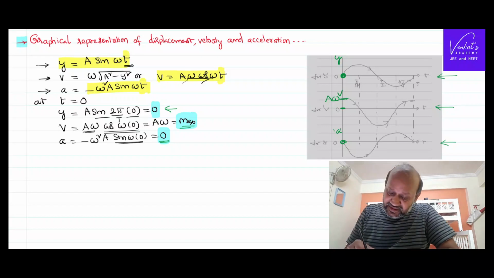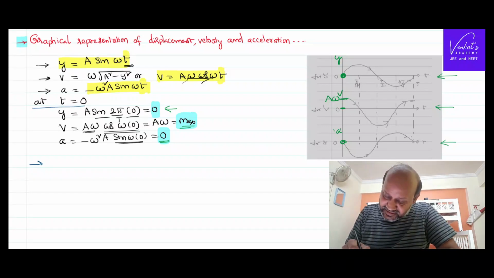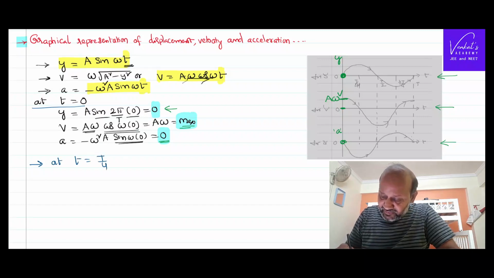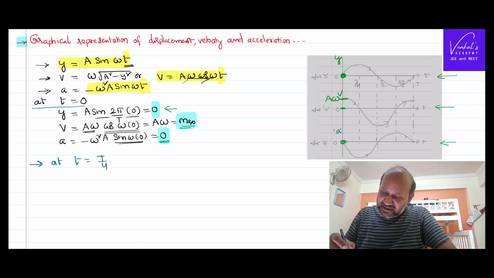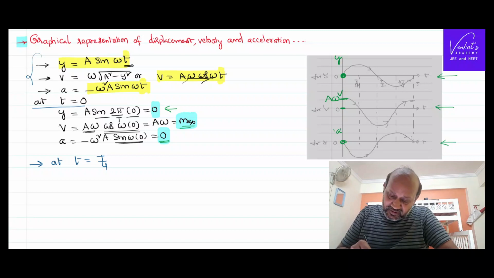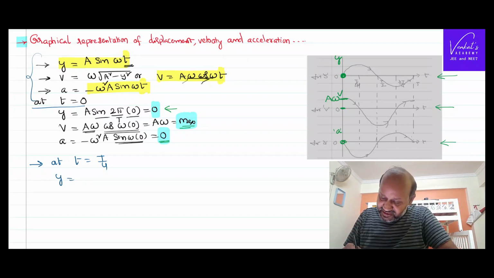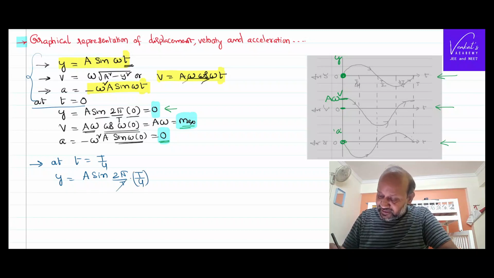Now let us look at another location, at t equal to one fourth of the time period. Let us substitute t equal to T by 4 in all three equations. For displacement, a sine omega t, where omega is 2 pi by T and t is T by 4, so T and T cancel and it becomes sine pi by 2.